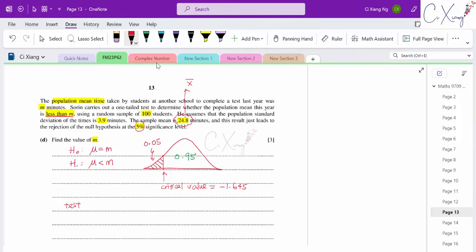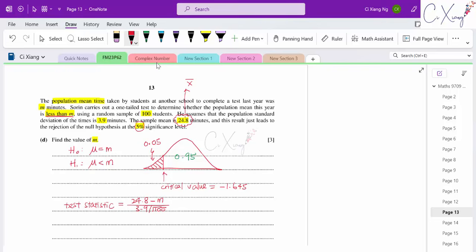And what's my test statistic? My test statistic formula will be 24.8 minus the mean, which is m, I don't know, divided by the standard deviation, which is 3.9 over square root n, so over square root 100. This is the formula for my test statistic.